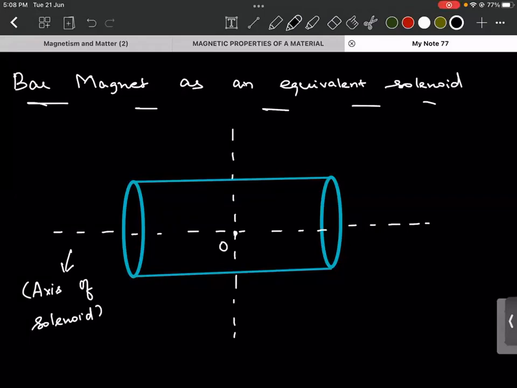On the axis of the solenoid, I consider a point P where we want to calculate the magnetic field due to the whole solenoid. Is that clear?